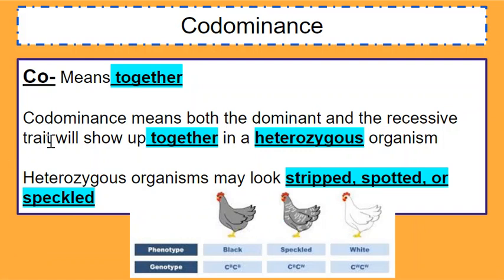So if something is co-dominant, it means that you're going to see both the dominant and the recessive trait together in a heterozygous organism. This might look like the spots on a cow, black and white spots. This could look striped, like we see in some chickens. It can look speckled. It means you're going to see both colors together on an organism.